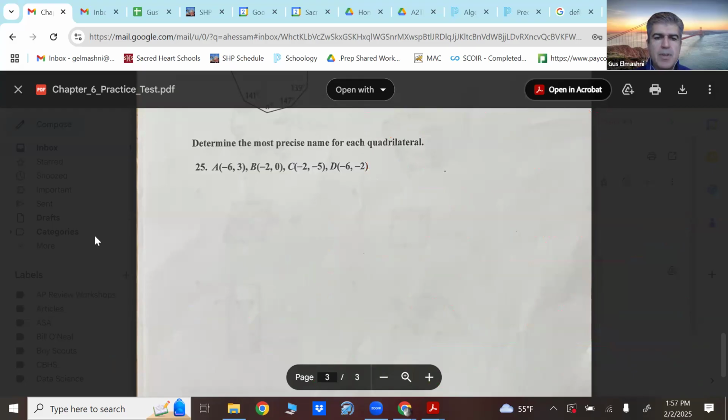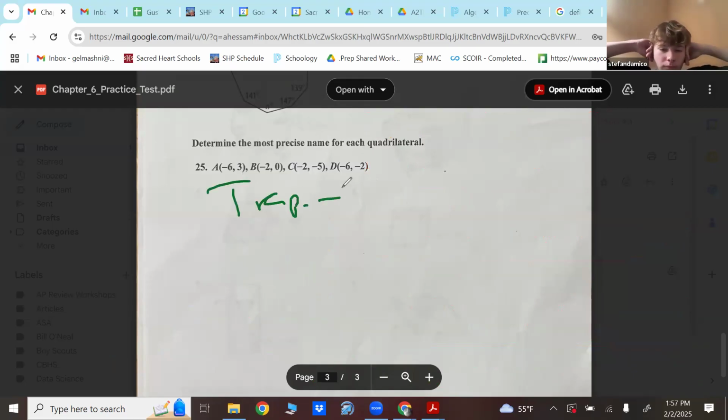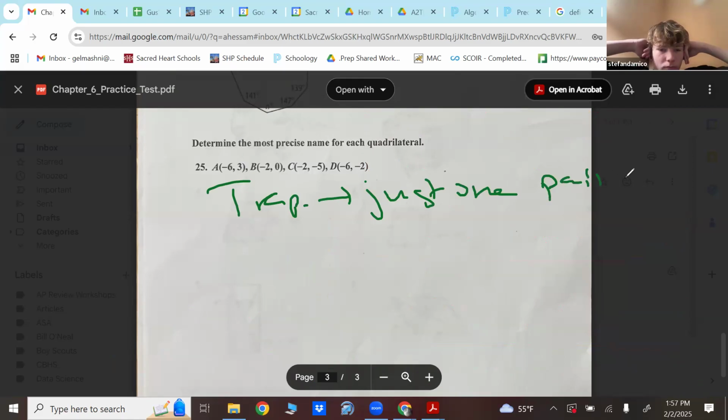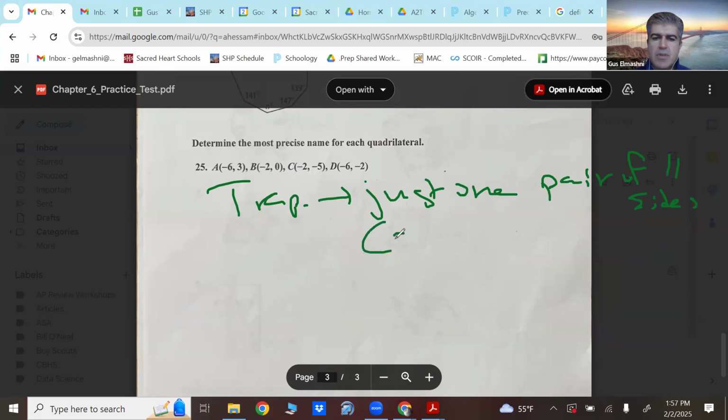For a trapezoid, just one pair of parallel sides, so same slope.